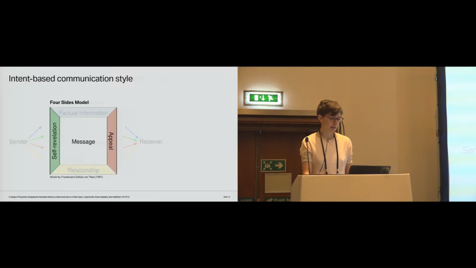It states that a message can be phrased with a focus on self-revelation or on appeal. For a vehicle, this meant, for example, I give way as a self-revelation, or you go first as an appeal.